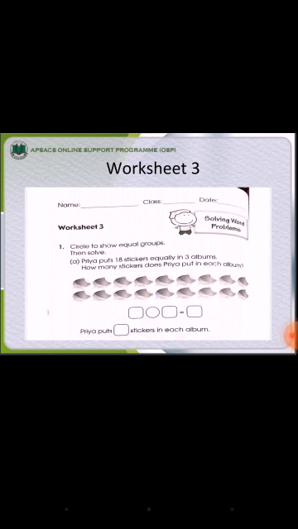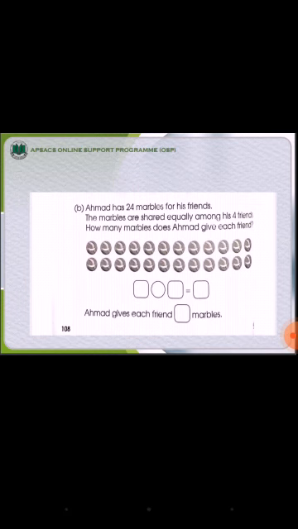And write the answer in the last box. Priya puts dash stickers in each album. B part is, Ahmed has 24 marbles for his friends. The marbles are shared equally among his 4 friends. As he is sharing, he is dividing the number of marbles. So divide 24 with 4.